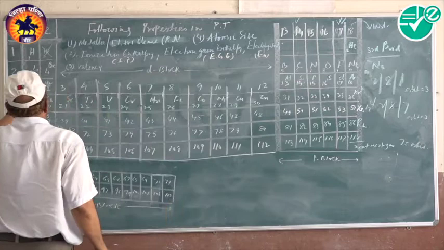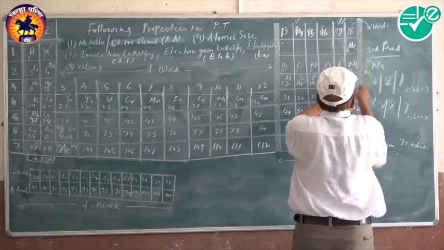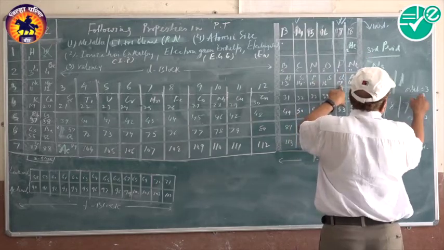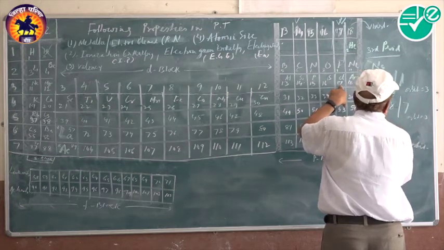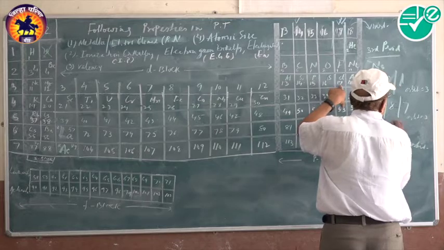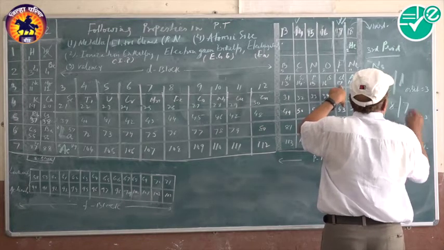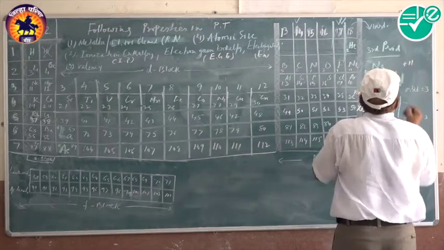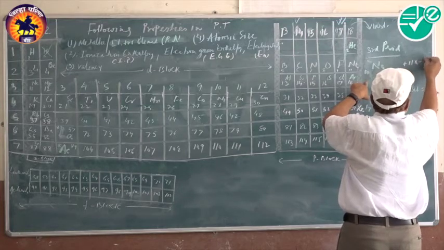Third period, first member is sodium and the last member, before the inert gas, is chlorine. Okay? Both have 3 orbits. But chlorine has 17 electrons negative and 17 protons positive. But sodium has 11 protons and 11 electrons.